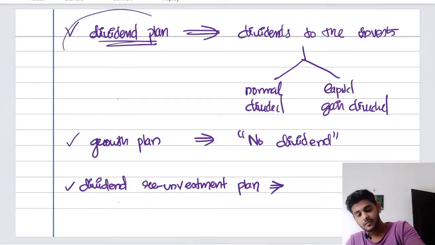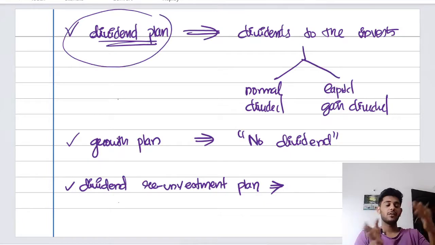In the earlier case, we were distributing the dividend to the investors. As and when the dividend is received by the mutual fund house, they will distribute it to the investor. But in the dividend reinvestment plan, the dividend earned by the mutual fund is not given to the investor. Rather, the dividend amount will be reinvested.